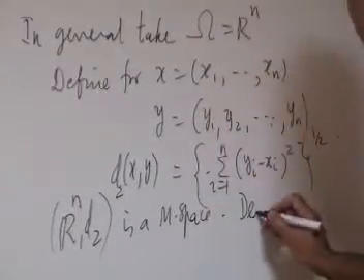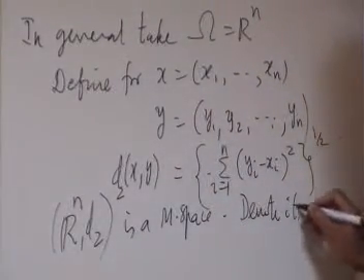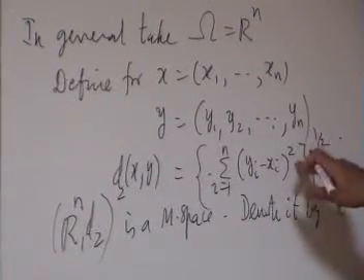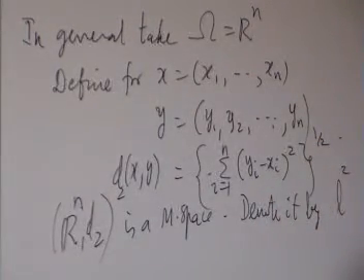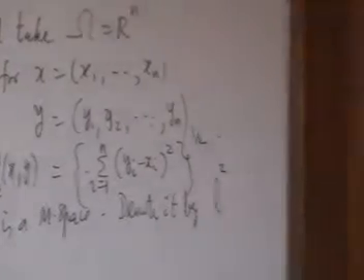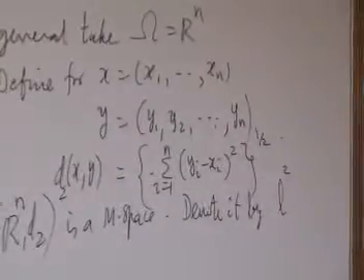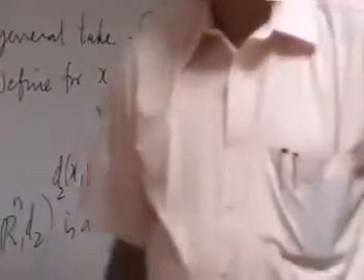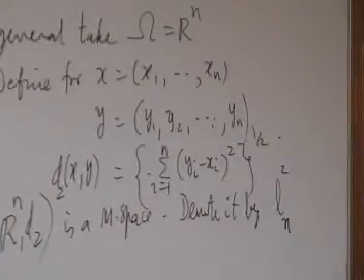We denote it by L2, and I am going to put some more. Again 2, this superscript 2 stands for always I am taking the square of the component difference, and I will put n here to say that I am talking about n component vectors.